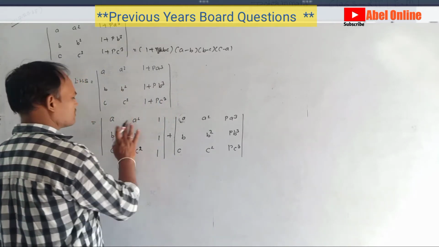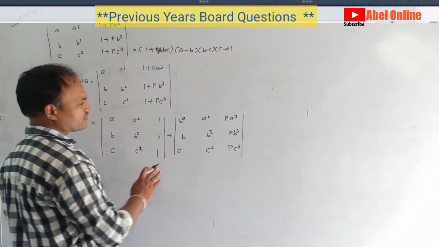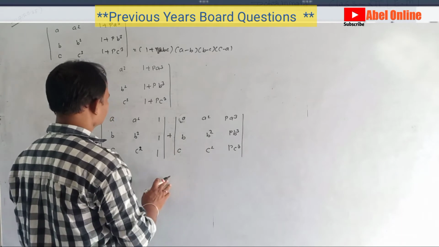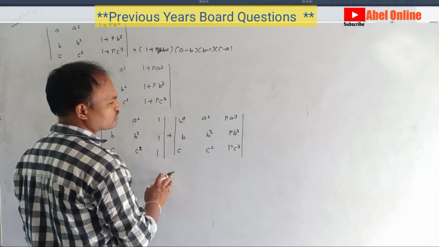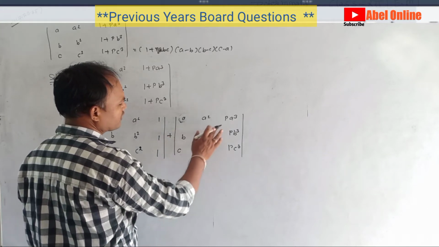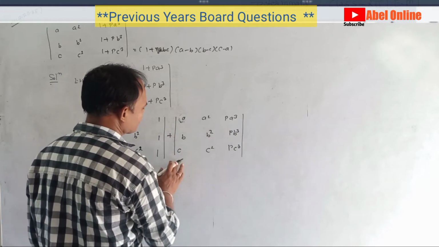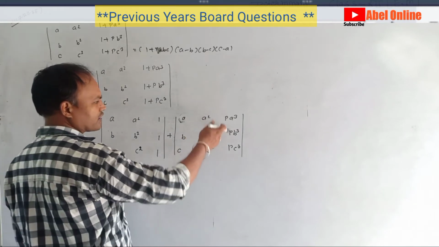Now there is nothing common. Okay, here it is common. There is also nothing common. There is a common. Okay, here a, b and c are common, and p is common from this line also.